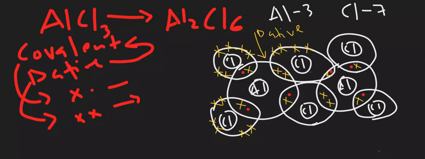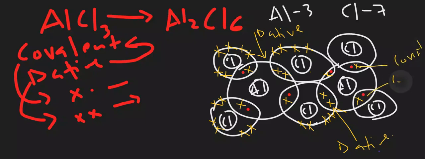Similarly, this lower chlorine has also given 3 electrons. How many electrons will it remain with? 4. 1, 2, 3, 4. It means that this one will also be a dative bond. But the rest of those bonds are covalent, like this one, covalent.